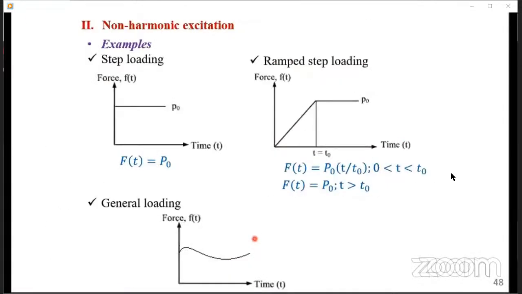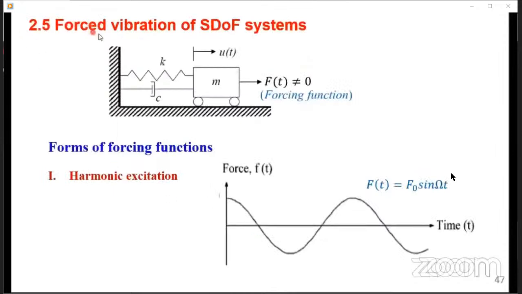Now, to study forced vibration, we are limiting ourselves to those loading functions that can be expressed as a function of time. That's why we are not going to non-deterministic or stochastic loading. That one we are going to look at towards the end, when we look at the introduction to earthquake engineering. So stay tuned with us for more learning on the same.